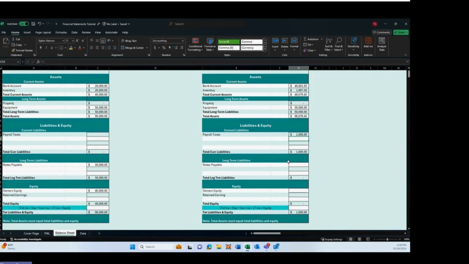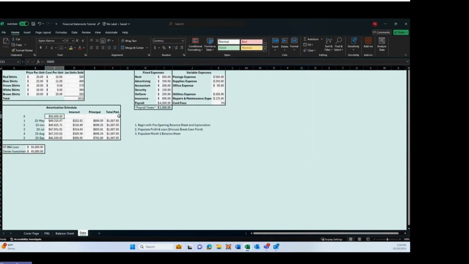Now we have our note payable. That note is directly related to the $50,000 piece of equipment that we had. So we borrowed $50,000 to purchase this piece of equipment, right?